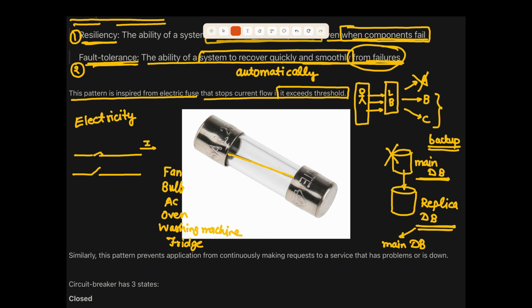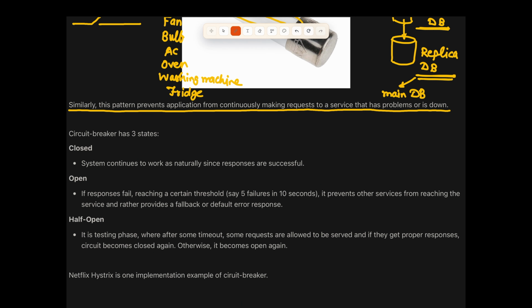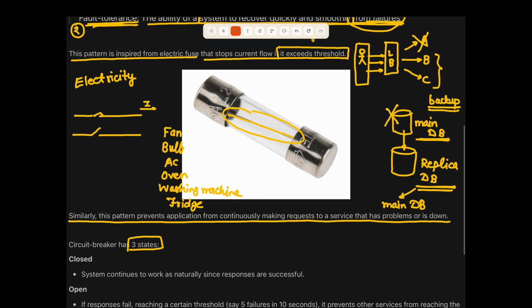It detects that the rate of flow of current is much higher than general scenario. The fuse wire melts and it protects by stopping the current. The same concept is a circuit breaker pattern in software. So similarly, this pattern prevents application from continuously making requests to a service that has problem or is down. So circuit breaker has three states. In the above example, there was a closed state and there was an open state.